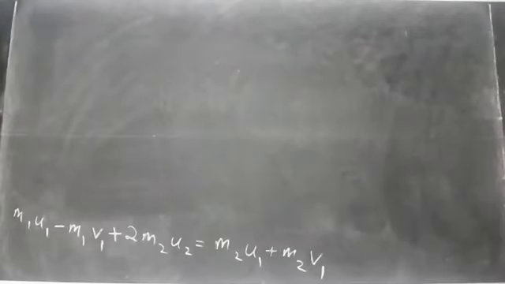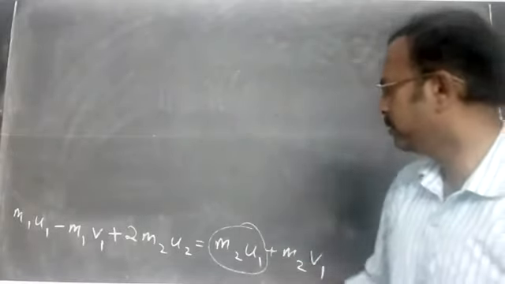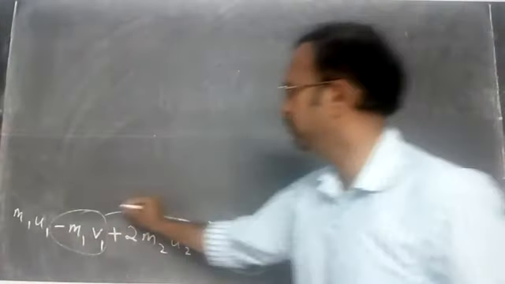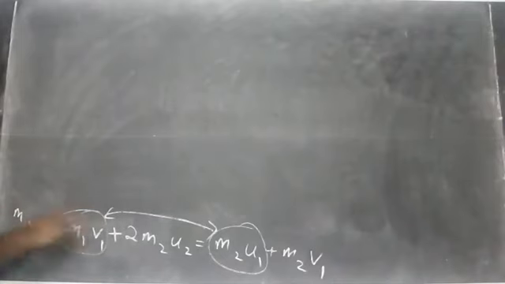In the next step, we'll take the u terms and the v terms and interchange them. You can write this on the page.